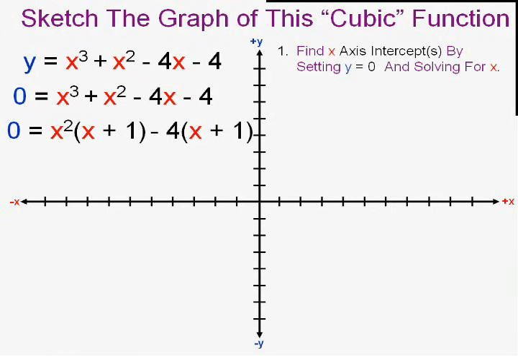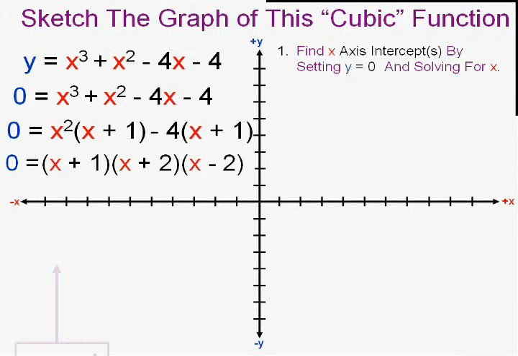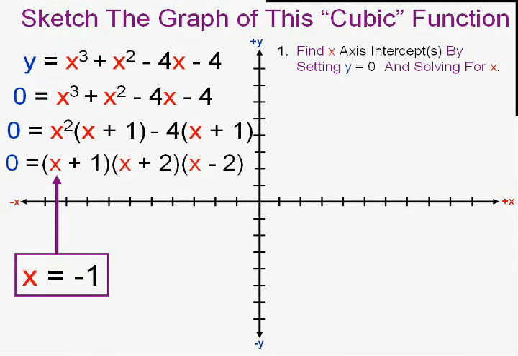So let's take out an x plus 1, and I'll have x plus 1 times x squared minus 4, won't I? Now x squared minus 4 is a difference of 2 squares, so I'll factor that into x plus 2 times x minus 2, which means, using the 0 property, the roots of this equation are negative 1 for this factor.